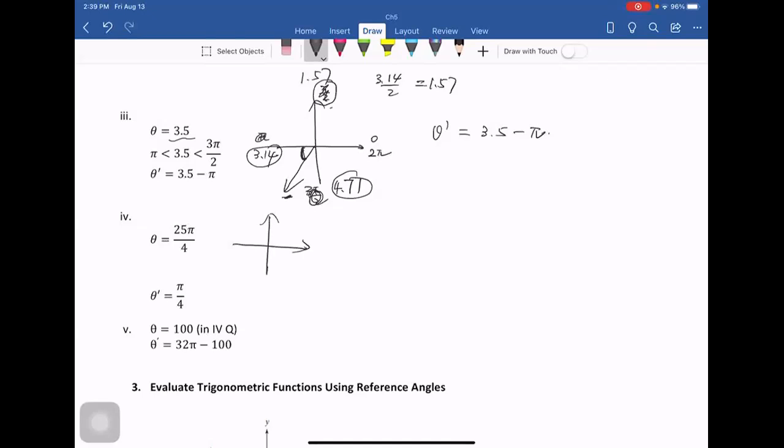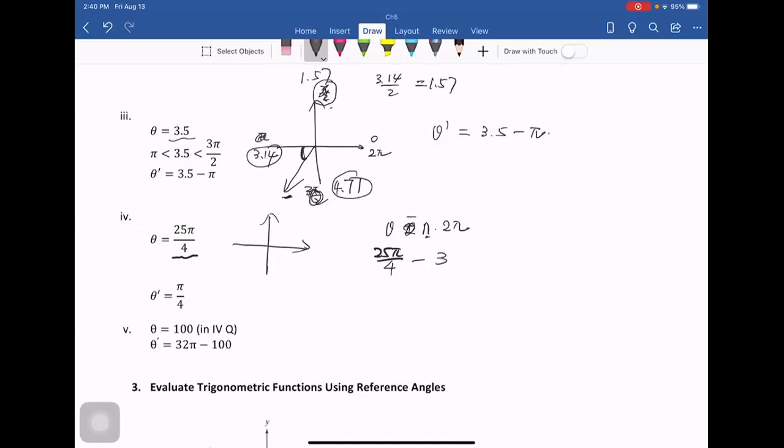Because 25 pi over 4 is a very big angle, I can use theta plus or minus n times 2 pi. I must subtract, to make a smaller coterminal angle.